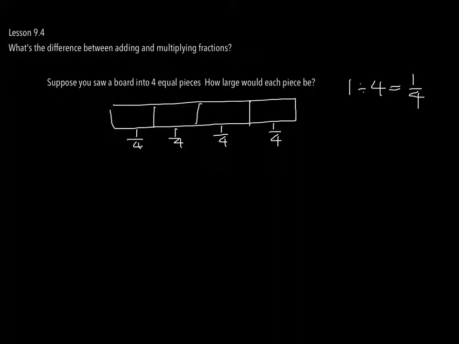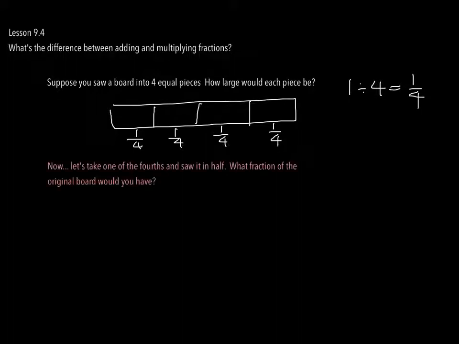That's where we're starting. Now let's add on to this. Let's take one of the fourths and saw it in half. What fraction of the original board will you have? When I take 1/4, I'm just going to take this one right here, and I'm going to saw it in half.